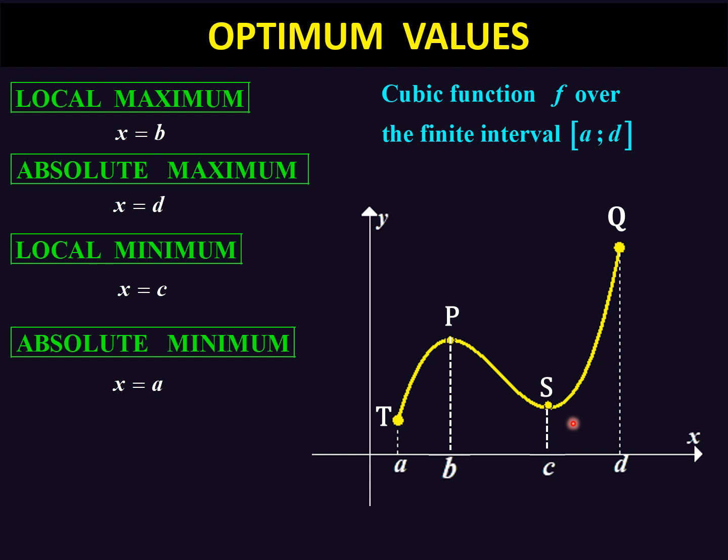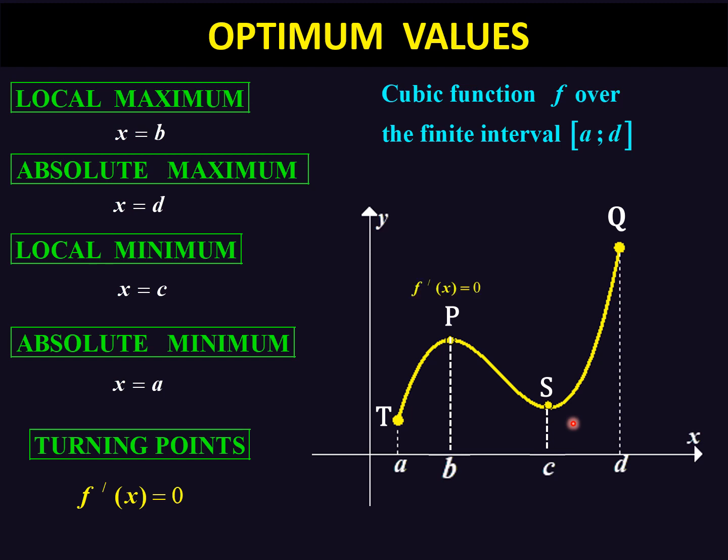What are the turning points again? The local maximum and minimum points, P and S. Now at P, if I have to get the gradient of a tangent there, that's right, it will be 0, which we can also refer to as the first derivative equal to 0, right?